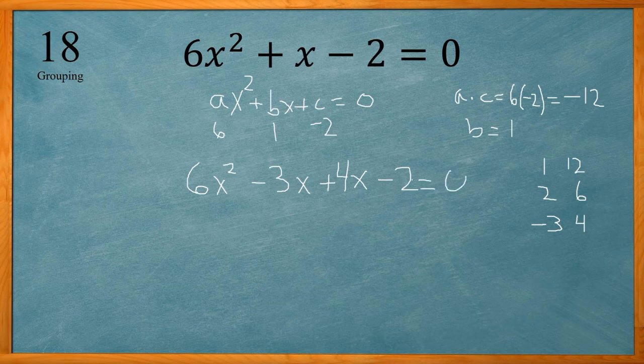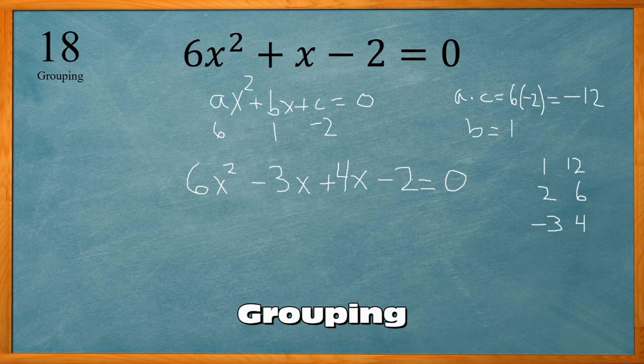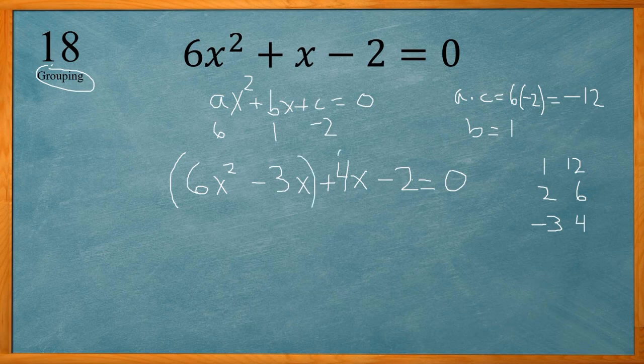So we really didn't change the problem too much because this is still in the middle, still adds up to positive 1x. Okay, so the way we're solving this is called solving it by grouping. Okay, so we're going to do, after we found those two numbers, we're going to group the first two together and group the second two together.